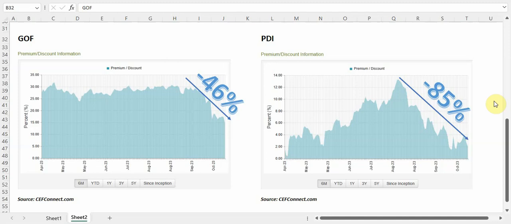And over the past 2 months, both funds' premiums have taken huge hits, with GOF declining nearly 46% and PDI's premium declining a whopping 85%. If these numbers stay consistent, GOF is going to have a much harder time raising funds through their ATM facility, and PDI is going to have twice as much trouble.